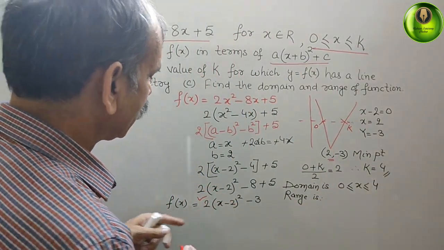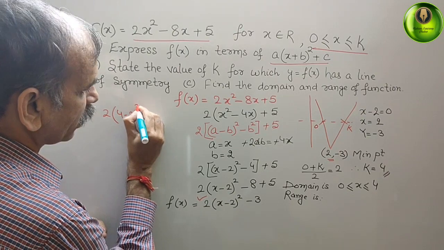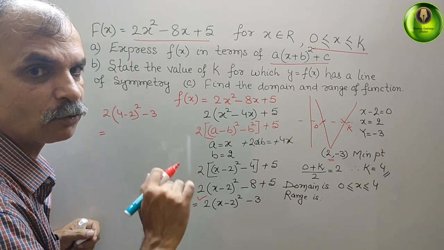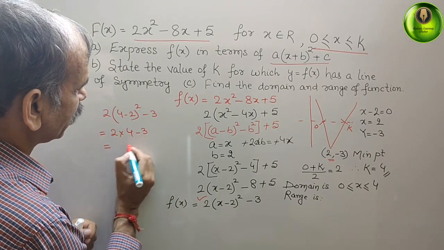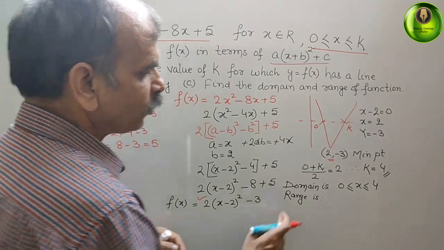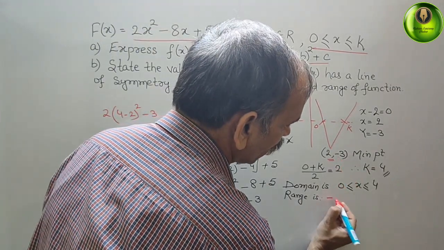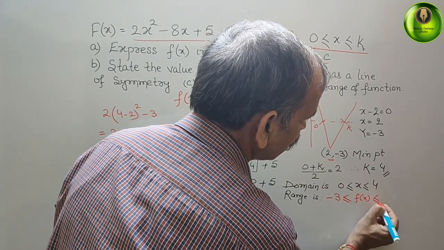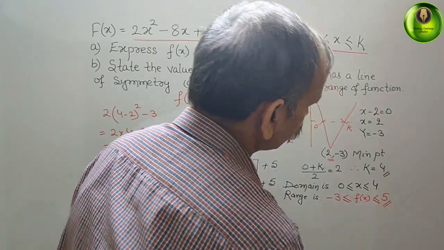We will get 2(4 − 2)² − 3. 4 − 2 is 2, 2² is 4, therefore 2 × 4 − 3 = 8 − 3 = 5. Therefore, the range is: y value −3 ≤ f(x) ≤ 5. This is the range.